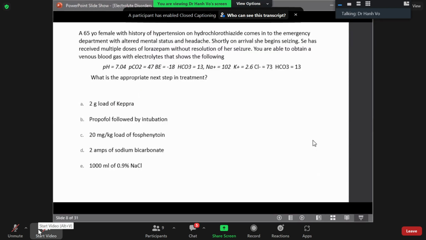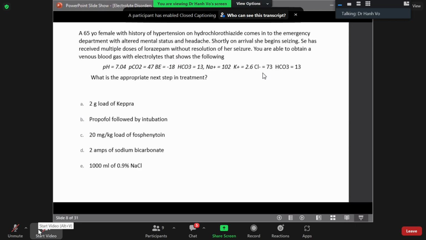And now we go to another question, with a female patient with a history of hypertension on hydrochlorothiazide who comes into the ED with altered mental status and headache. Shortly after arrival, she has a seizure, and we do a blood gas with the sodium shown below.